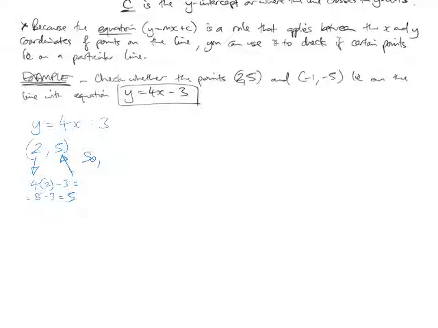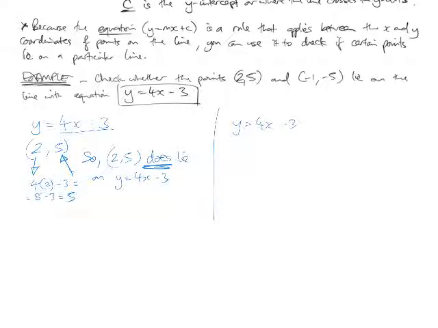So (2, 5) does lie on y is equal to 4x take 3, because it followed the rule connecting the x and the y, which was 4 times x take 3. What about the next one? Y is equal to 4x take 3.